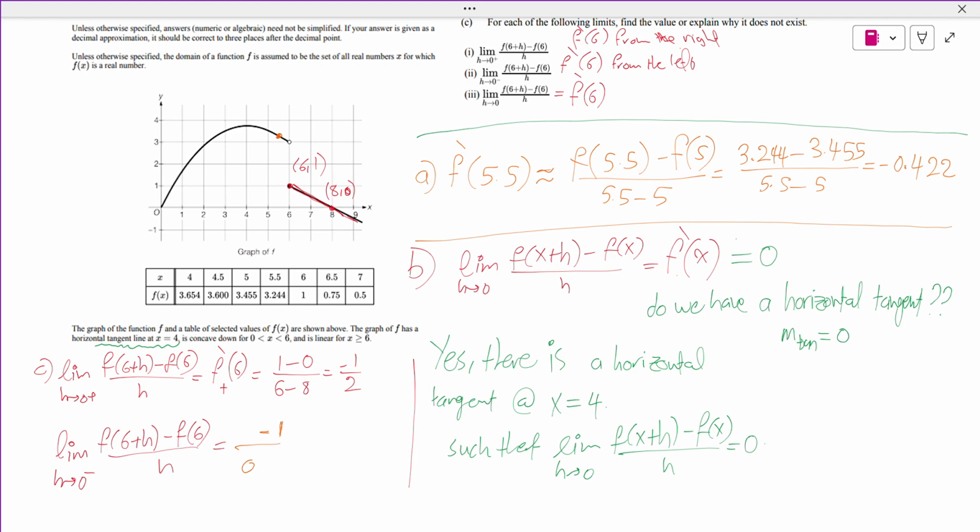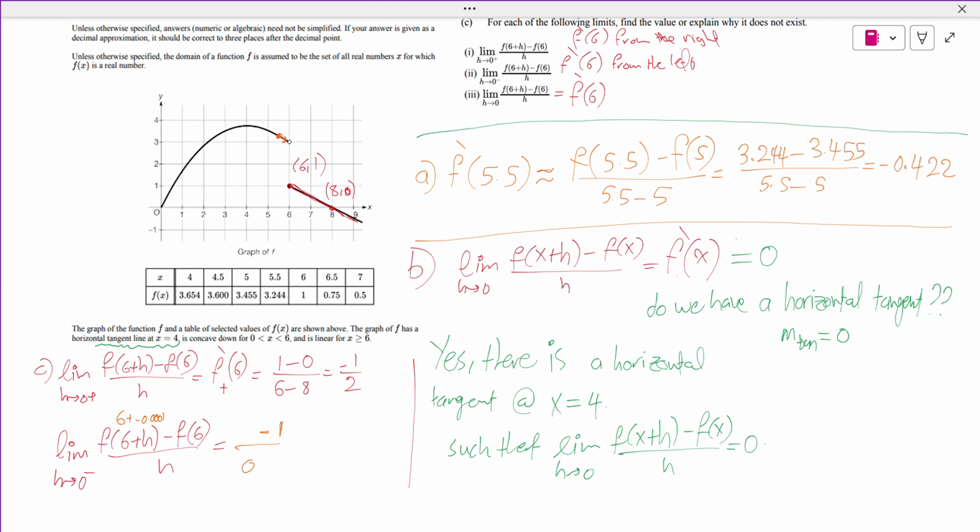If you plug in a number here like 0 from the left as, let's say, negative 0.0001, then when you substitute this number instead of h, you have this number plus 6, so it will be 6 plus this number, which will be a value less than 6, which is going to be here.